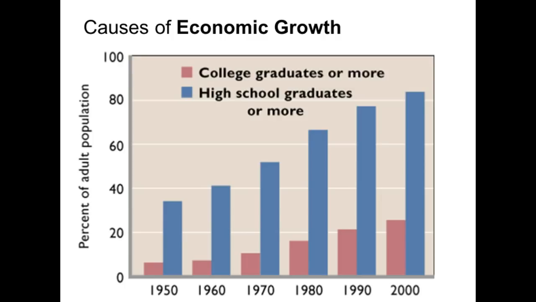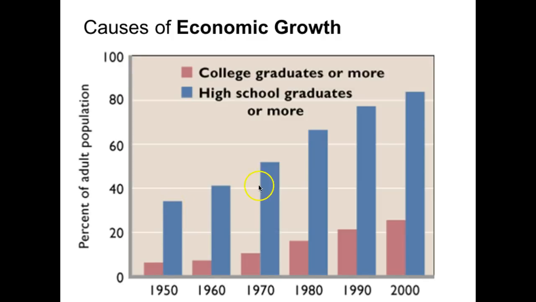Here's just a little bit more to help you see the causes of economic growth in the US. So when we talk about education, you often hear negative things about our education system now, but it's important to think about our population. If you go back to 1950, only a very small percentage of our population were college graduates. Not even 40% were high school graduates in 1950.